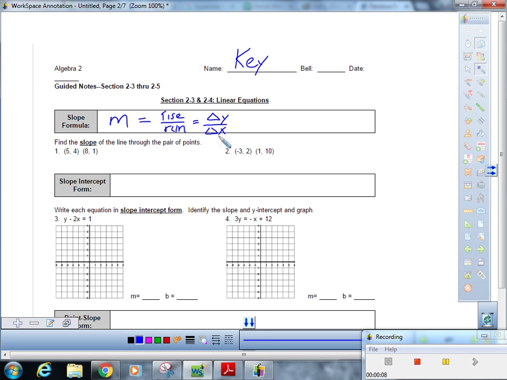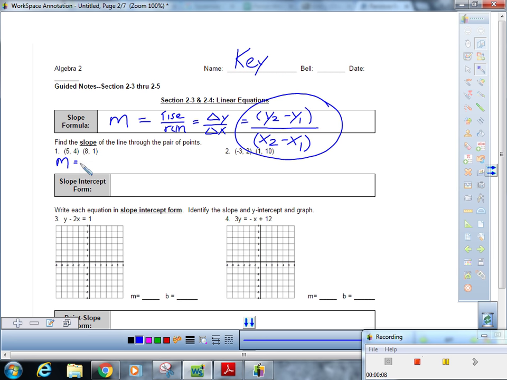But the actual formula is y2 minus y1 all divided by x2 minus x1. So that is the formula. So find the slope.